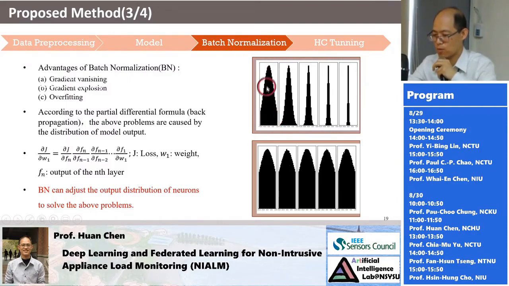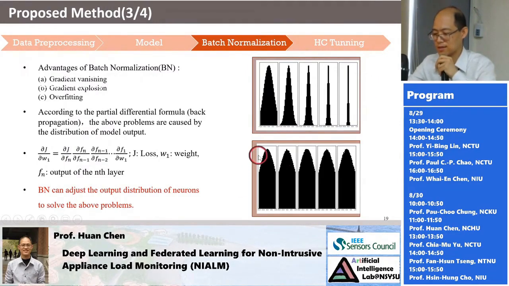This is layer 1. It's fine, it's kind of evenly distributed like a Gaussian. Then as layer 2, layer 3, layer 4, and so on, the range becomes smaller and smaller, so it's not easy to train the model anymore.